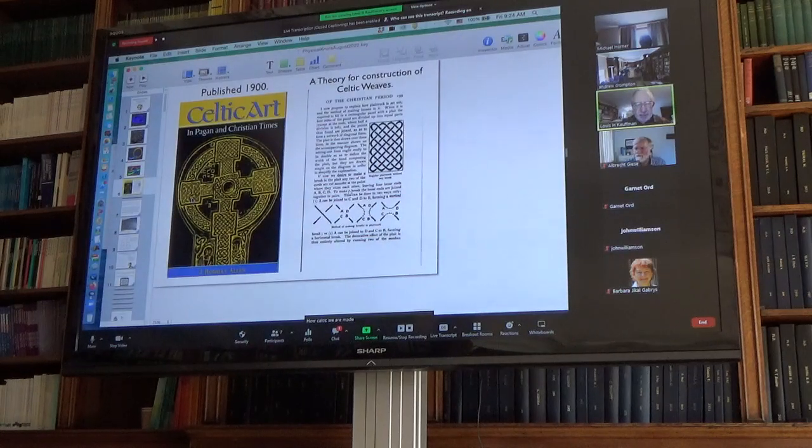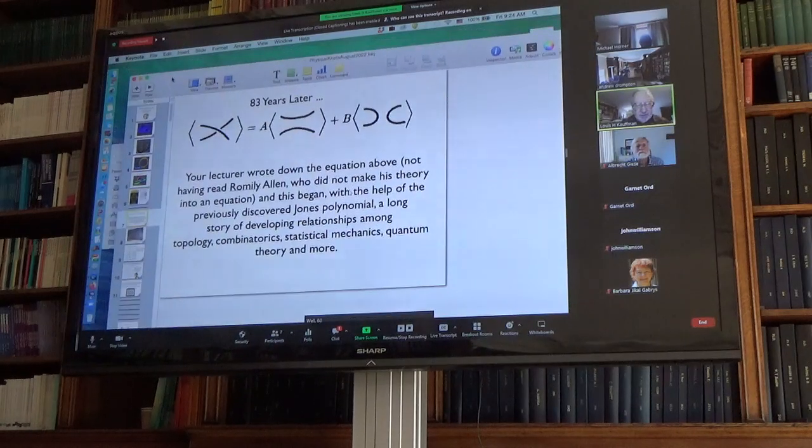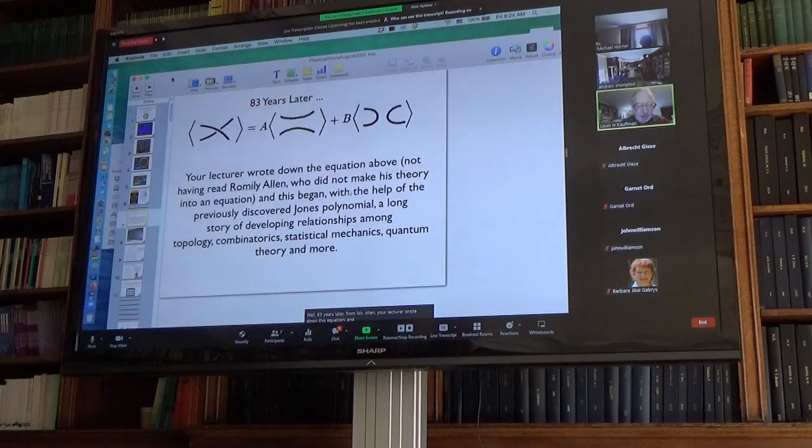What would this have to do with topological properties? Well, 83 years later from Mr. Allen, your lecturer wrote down this equation. Of course, Romilly Allen was not making equations and he wasn't looking for topological properties.